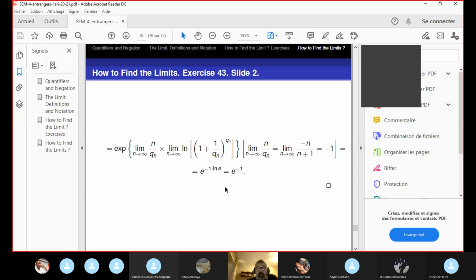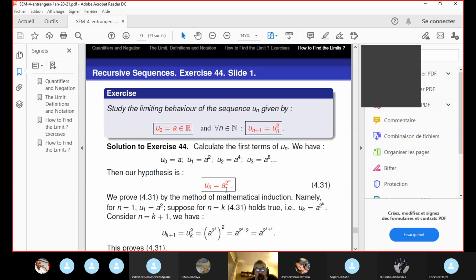If not, we can return to these exercises. But now I think it is necessary to believe. Okay?